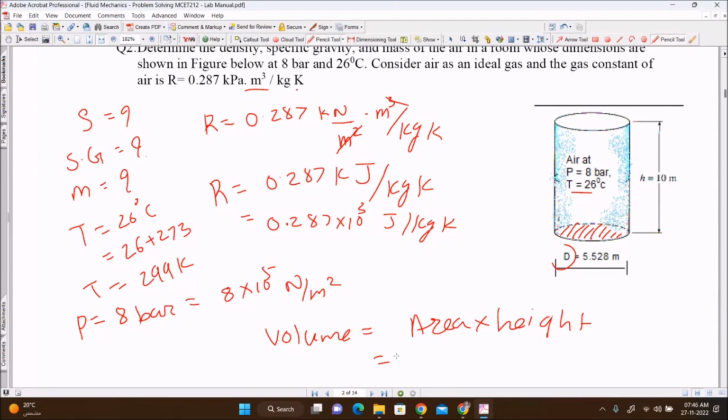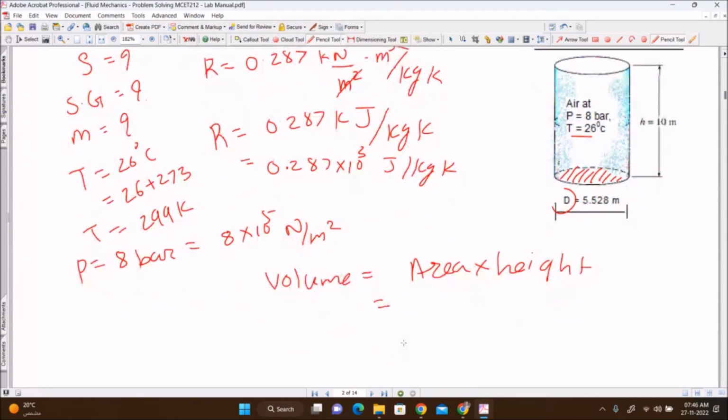The area is a circular cross section. So area is pi by 4 D square, capital D or small, doesn't matter, into height h. So I can write pi by 4 into 5.528 square into height 10.